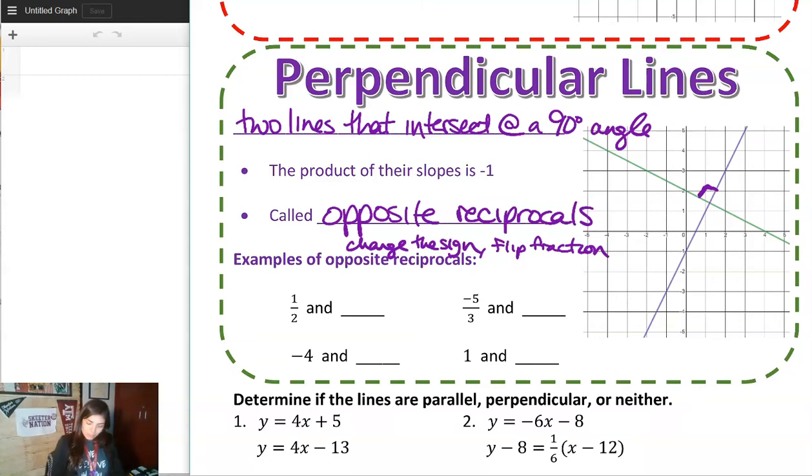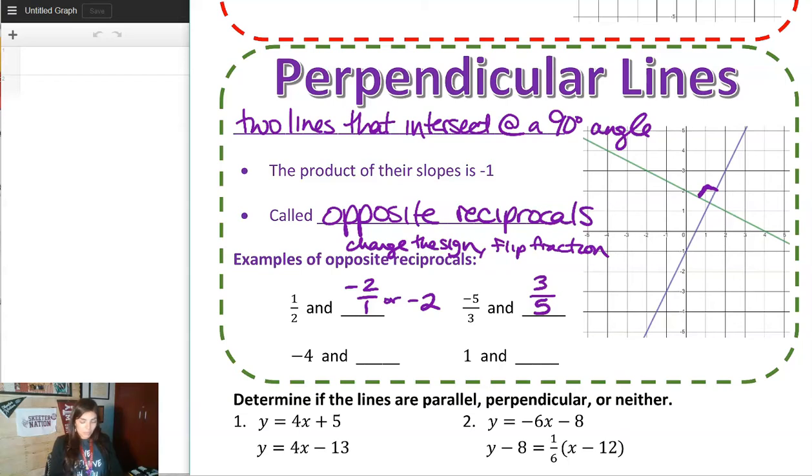So an example of an opposite reciprocal, if I gave you 1/2 and asked you for the opposite reciprocal, the opposite of +1/2 is definitely negative, and then just flip that fraction: -2/1 or just a -2. The opposite reciprocal of -5/3, well, the opposite of negative is positive, and the flipped fraction would be 3/5.